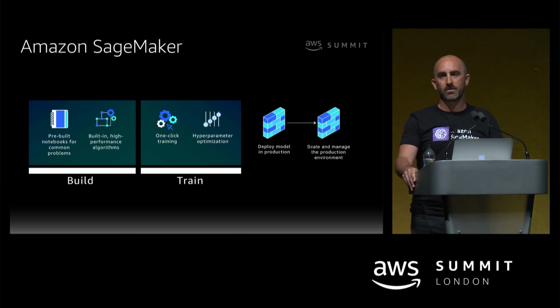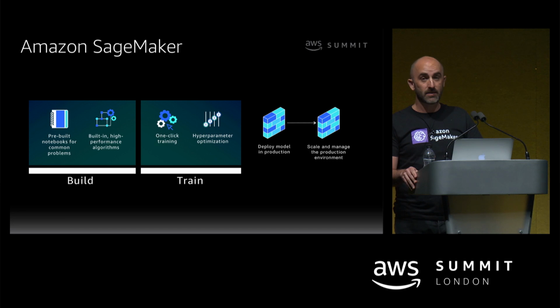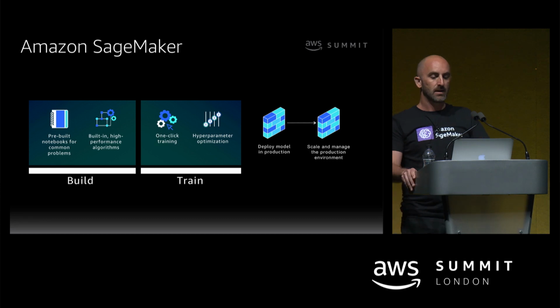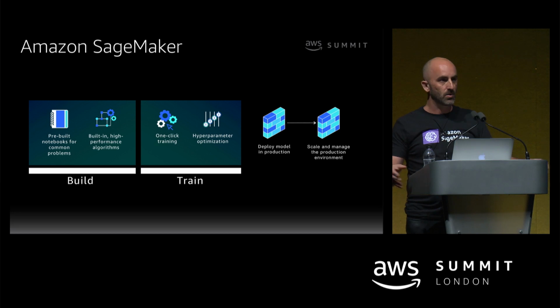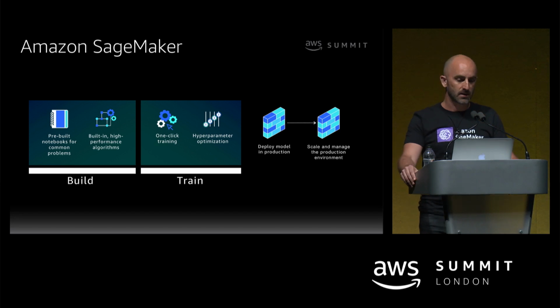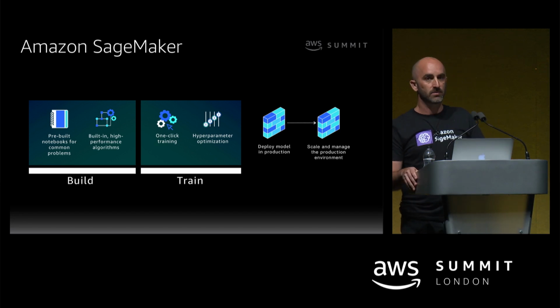In training, we make it very easy for data scientists to have access to the infrastructure needed to run your training jobs. Essentially, one-click training is the objective. SageMaker manages configuring and deploying all of the infrastructure needed to run your training jobs. This could be a single instance or even a cluster, depending on the size of the task at hand.